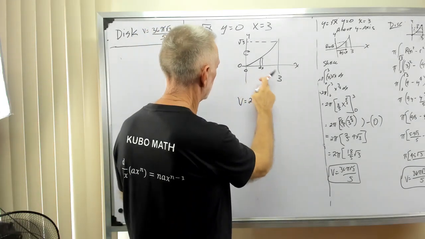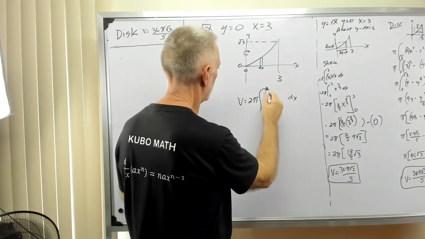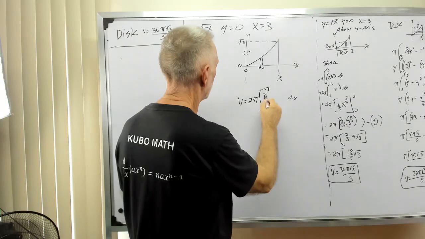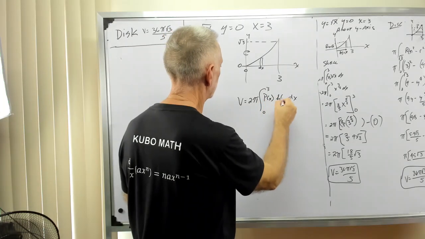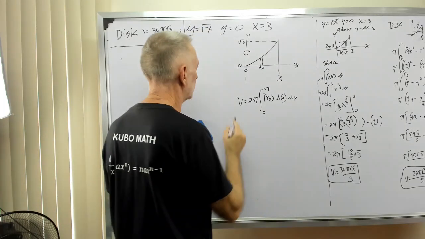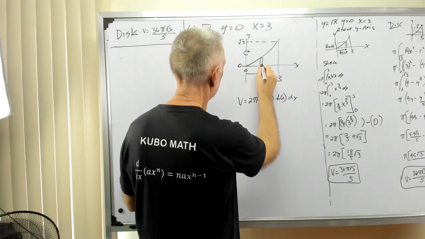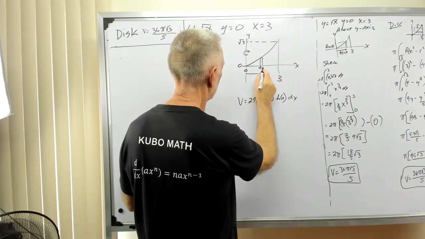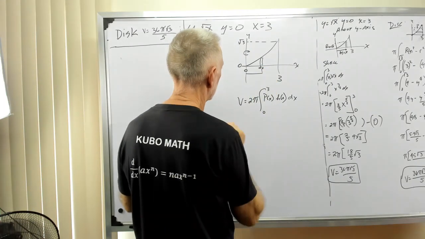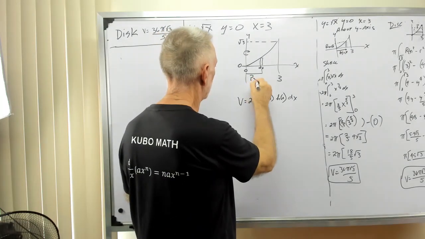Now, since we're integrating with respect to dx, we're going from 0 to 3. P of x, h of x, dx. Well, what is P of x? It's the distance from the axis of rotation to the center of your differential, to the rectangle that represents dx. That's P of x.